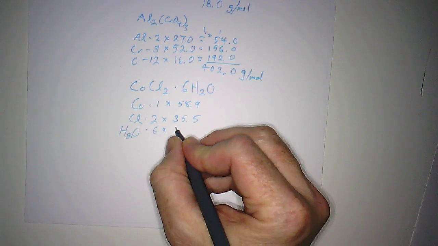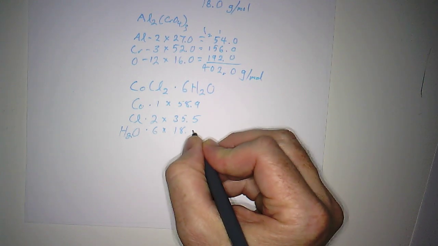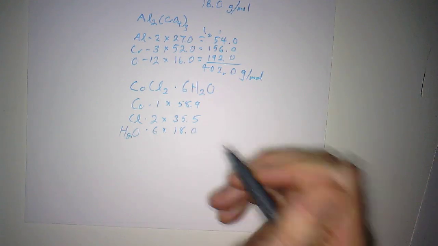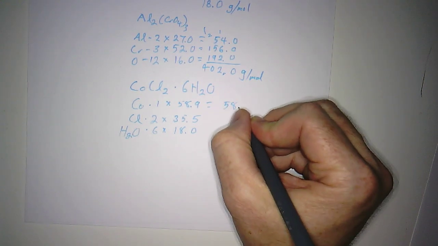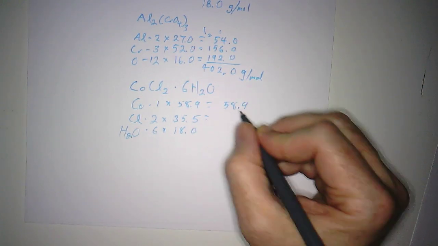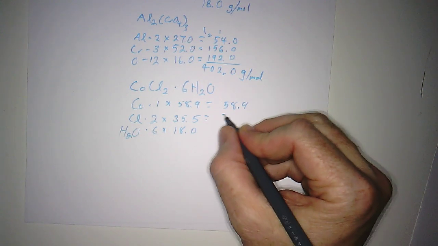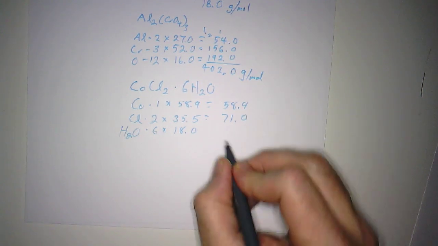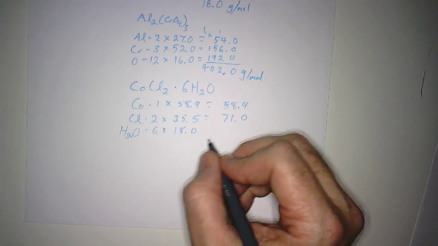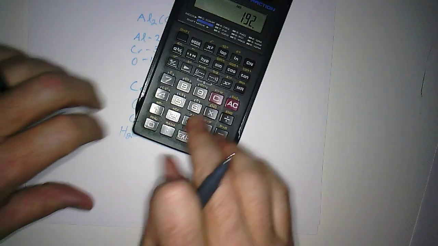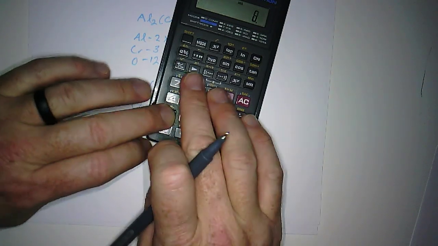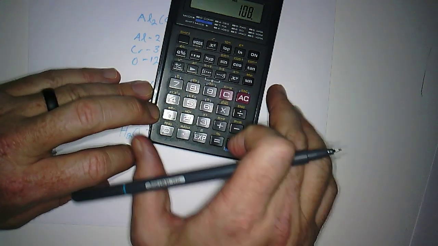And our water, we calculated before, is 18. Okay. So when we multiply out 58.9, 35.5 times 2 is going to come out to be 71.0. And then 6 times 18, let's see, that'd be 108, I believe. 6 times 18. Yep, 108.